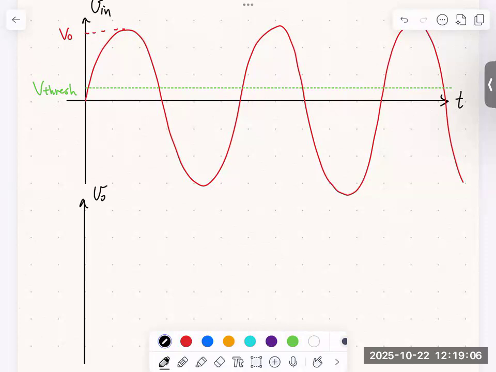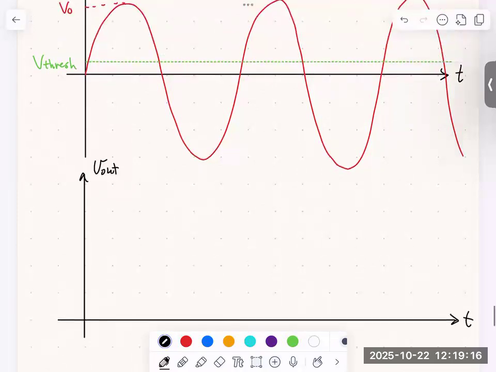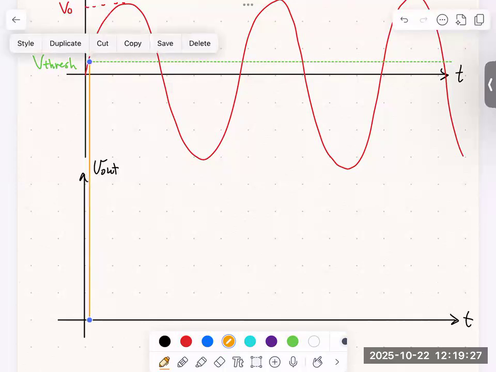So this is going to be Vout. We know Vout's always going to be positive, so I'll put my horizontal axis down here, like so. Okay, and then what we have to do is drop down these vertical lines when the input crosses the threshold.